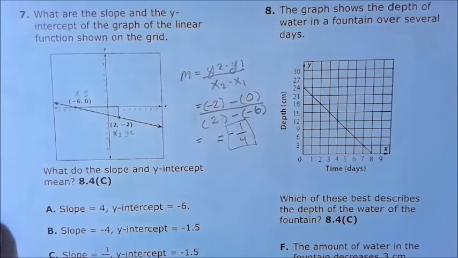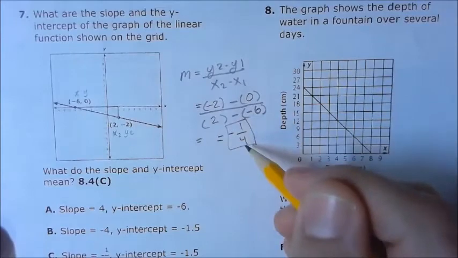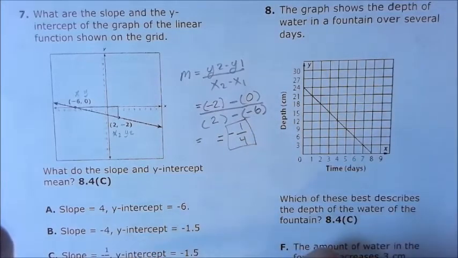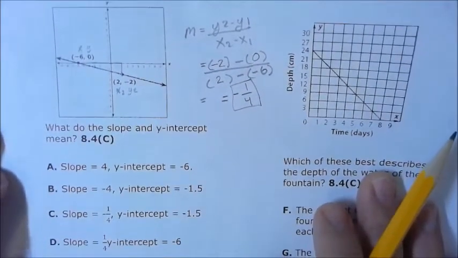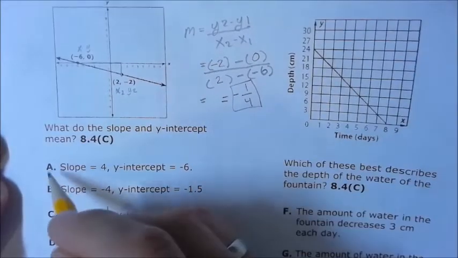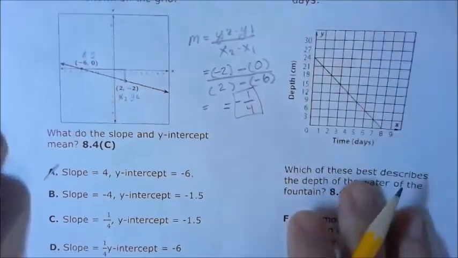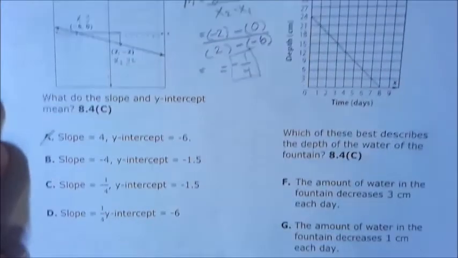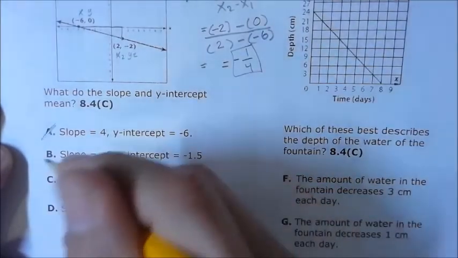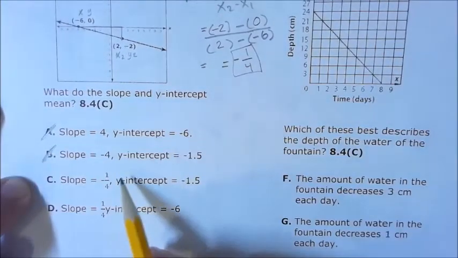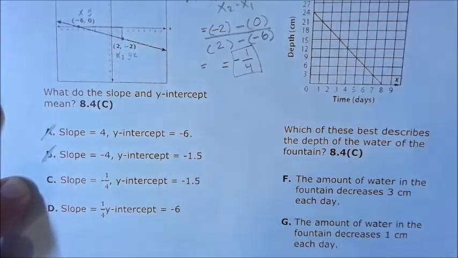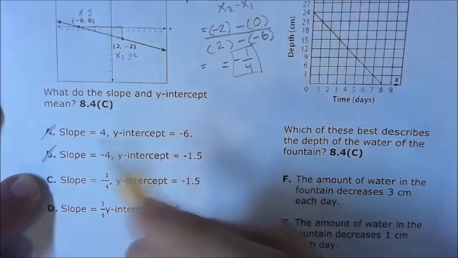So just with knowing the slope, -1/4, we can look at these numbers and automatically eliminate two answers. For instance, we can eliminate A because it's definitely not 4, it's 1/4, and we can eliminate B. So now we have a 50% shot of getting it right, because both of them are 1/4.